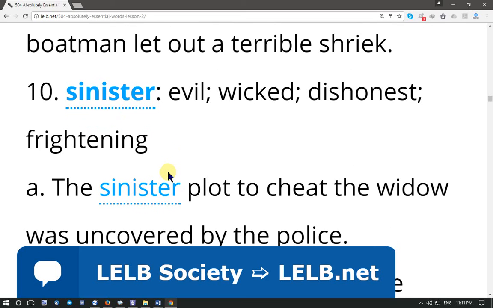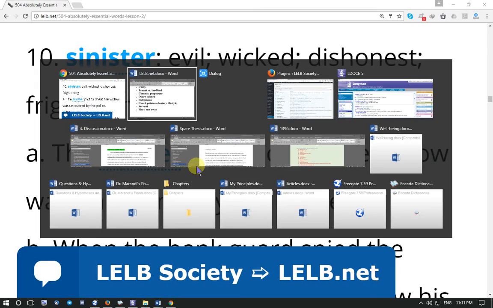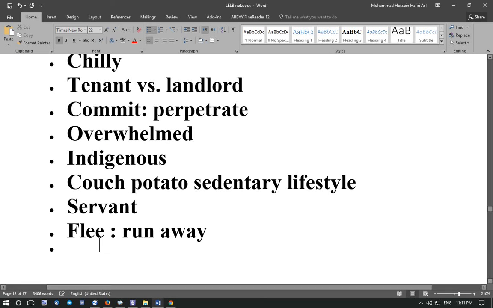The sinister plot to cheat the widow was uncovered by the police. The sinister or vicious, immoral.